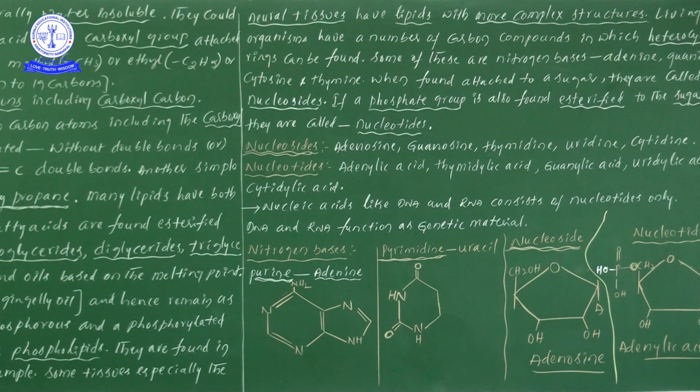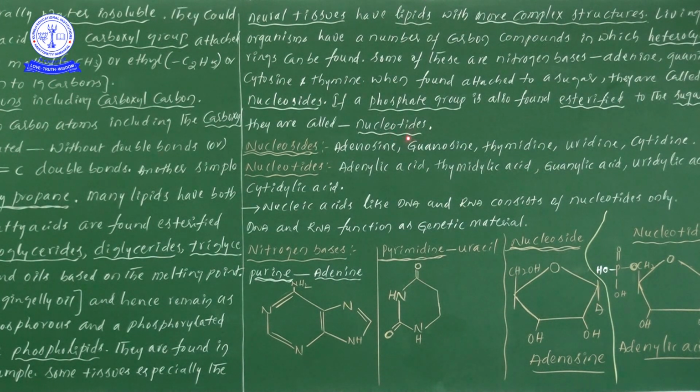If you like to write clearly, you can write pentose sugar. So pentose sugar plus nitrogen bases together form a nucleoside. Suppose, for example, if you attach a phosphate group to the nucleoside, that will be converted into a nucleotide.